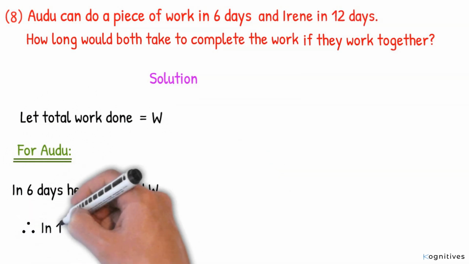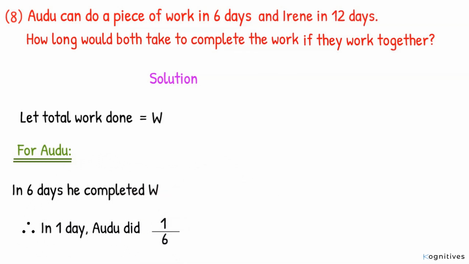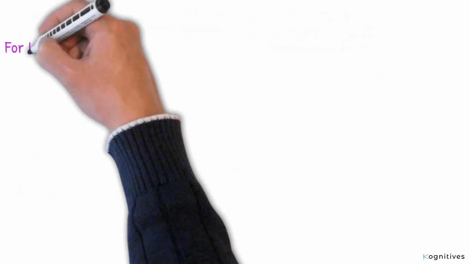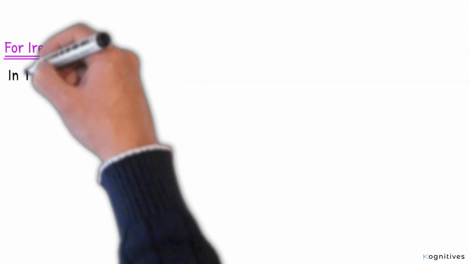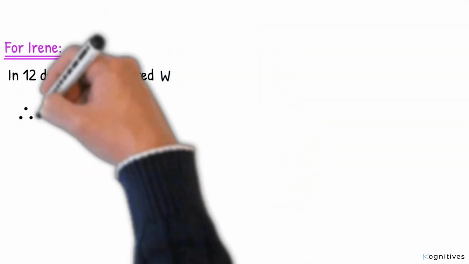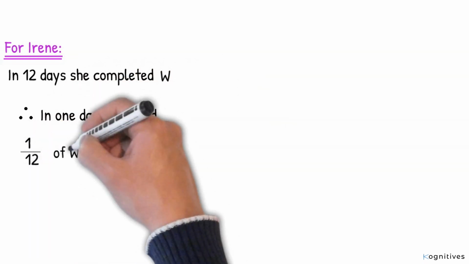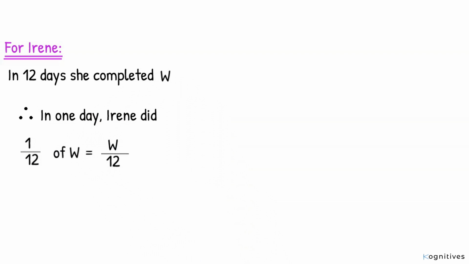Therefore, in 1 day, Audu did 1/6 of W, which is equal to W/6. Then for Irene, in 12 days, she completed the work W. Therefore, in 1 day, Irene did 1/12 of W, which is W/12.